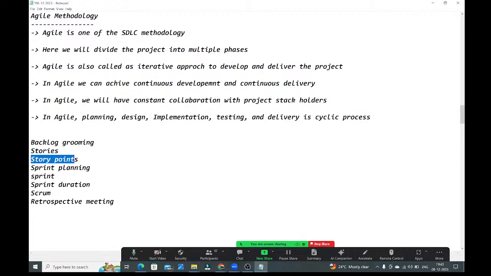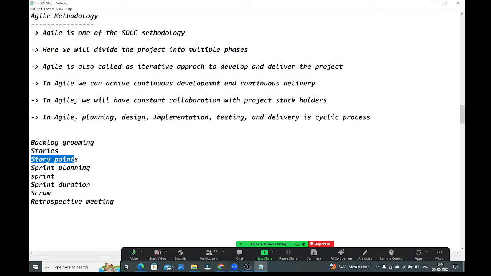Next, sprint planning. What is sprint planning, guys? This is also a meeting only. Here, we will identify the priority stories to work on. Yesterday we saw that there are a total of 100 functionalities. In those 100 functionalities, what are the priorities? First, we need to check the high priority stories and add those high priority stories to the current sprint.